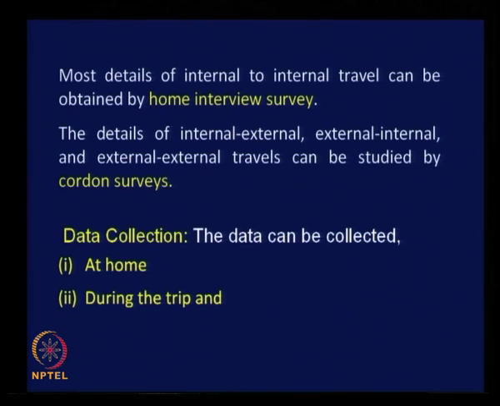Or during a trip you can just capture passengers in a train or bus or on the roadside, people making use of all kinds of vehicles and get some information about trip, right. These are possibilities. Another possibility is at the destination of the trip, when they are coming and parking their vehicle at the destination, you can capture them and get some information about the trip, right.